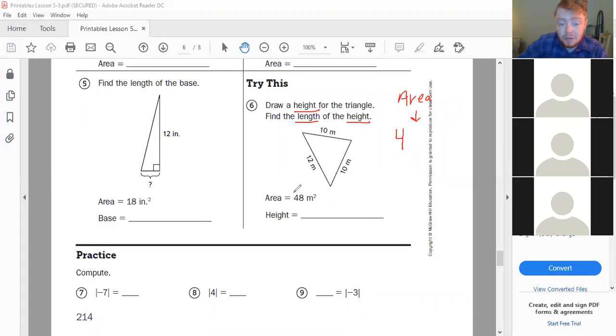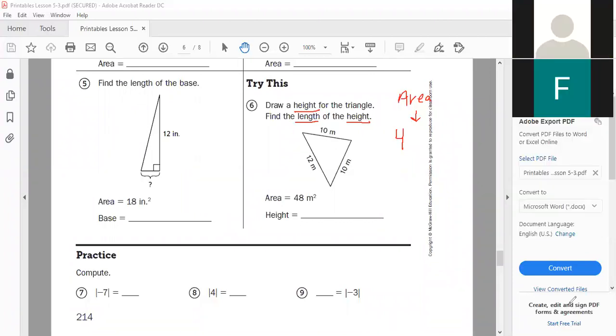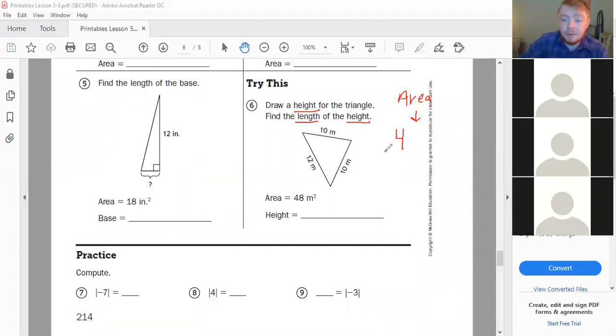Guys, when we have area and we don't know anything else, what we want to do first is divide by 2, okay? Because we already have the area. So let's go ahead and divide it by 2. 48 divided by 2 equals 24, which is super helpful.